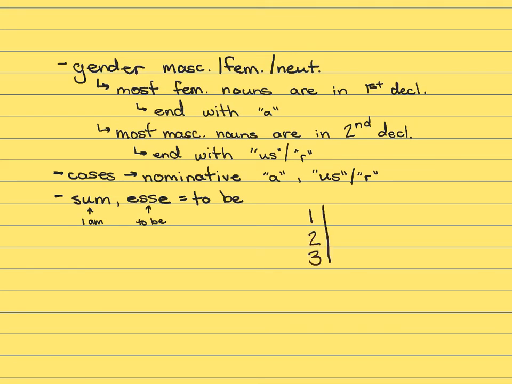And so far, you guys have only seen the singular, so we'll just leave it with one column. So in the first person, it'll be I am. Second is you are. And third is he or she or it is. And in Latin, these are sum, es, est.